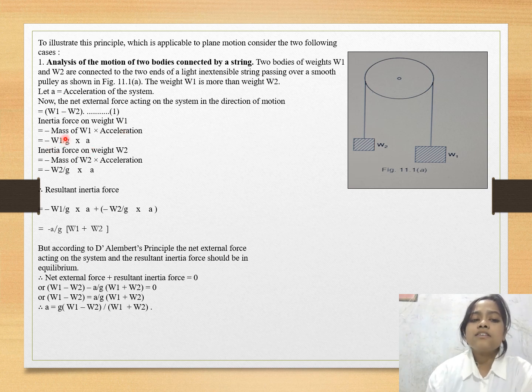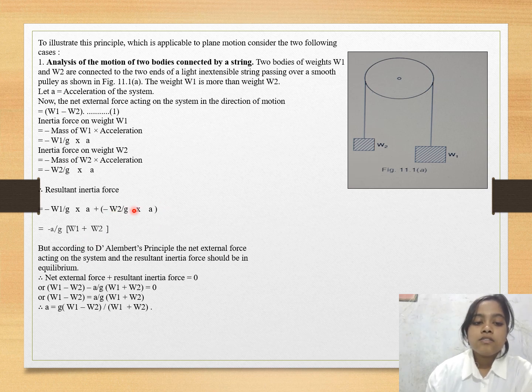Mass is weight divided by gravitational acceleration g, so the inertial force on W1 is minus W1 by g into a. Similarly, the inertial force on weight W2 is minus W2 by g into a. Adding these, we get minus a by g times (W1 plus W2).